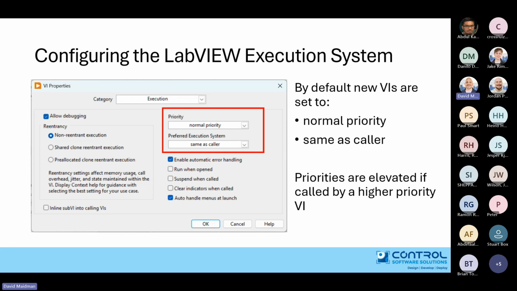So whenever you call, if the calling VI is in the instrument IO execution system, the sub VI, when it's called, will be in the instrument IO execution system. The priority that's used will be normal priority in this case, unless the calling VI is of higher priority, and then it will be elevated.